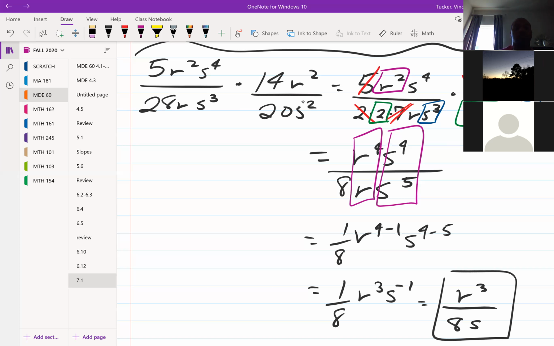I subtract that 4 from that 3, the one goes to the top. I had nothing in common with the 5 and the 28. Then I go to the 14 and 20 and see if I can reduce those fractions.